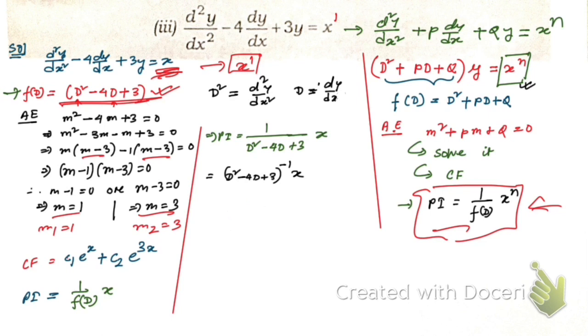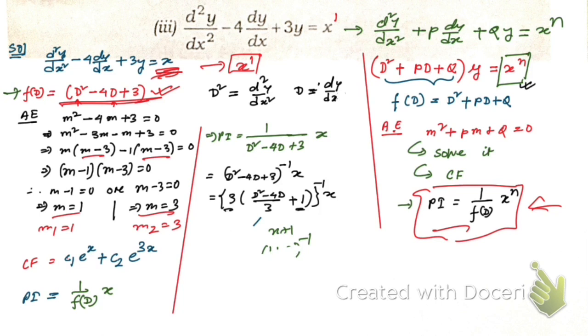Now you see, 3 is taken common, so that we get D square minus 4D by 3 plus 1, not 3. So on taking 3 common, we have got here 1. Now compare this one with 1 plus x to the power minus 1, into x.